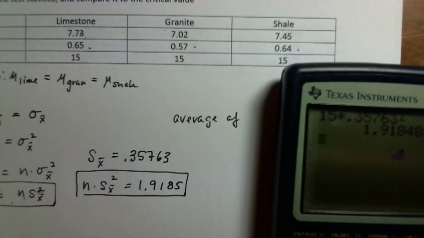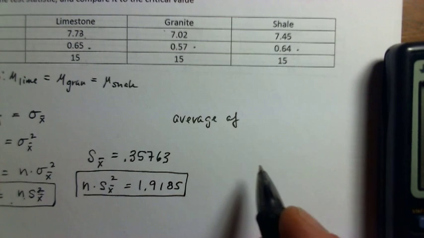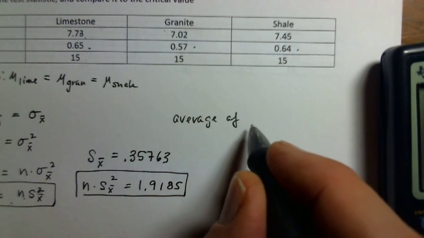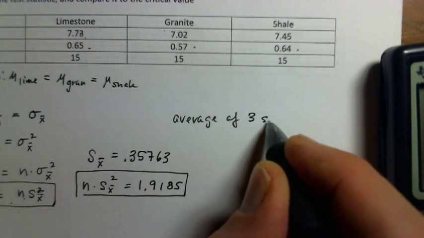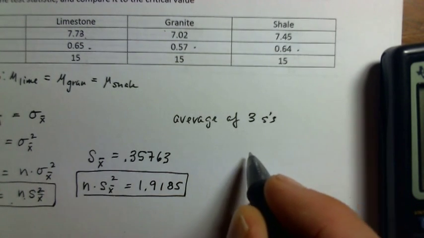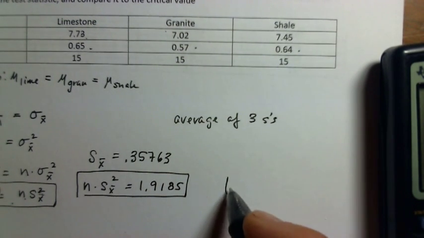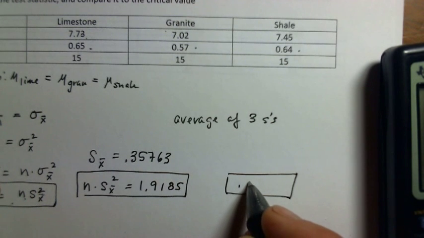The other one is just going to be the average of those three numbers, 0.65 plus 0.57 plus 0.64, and I'll take that and divide it by 3. The other estimation is the average of the three standard deviations, and that works out to be 0.62.